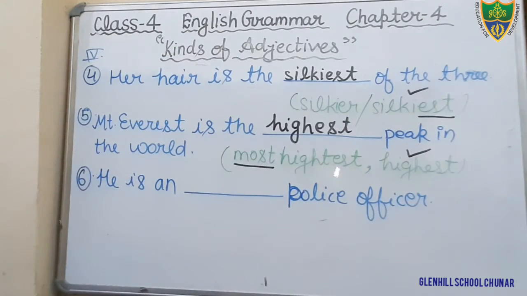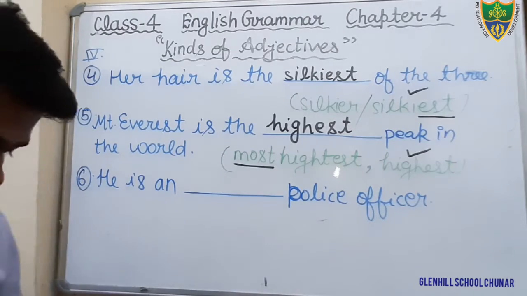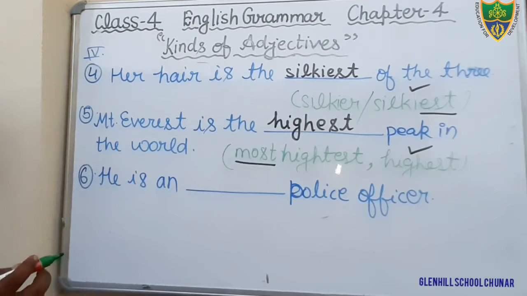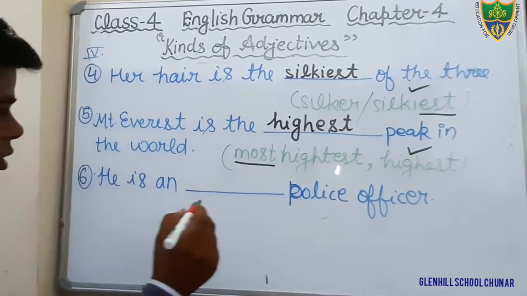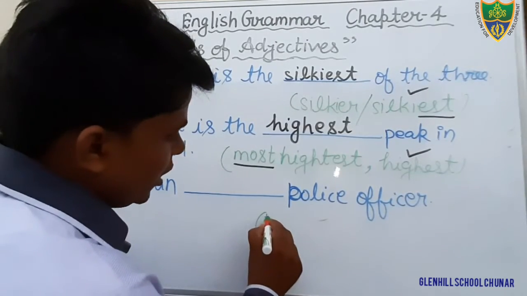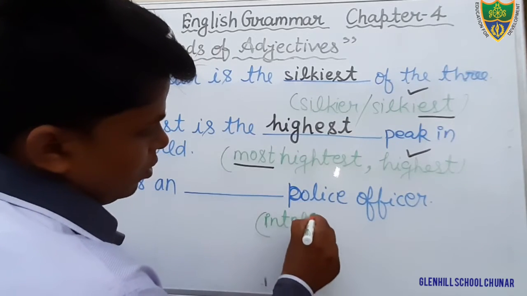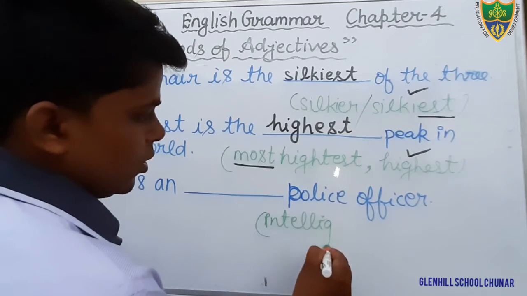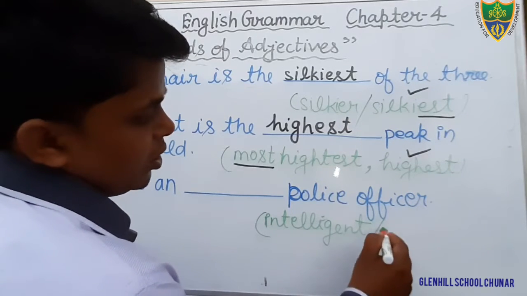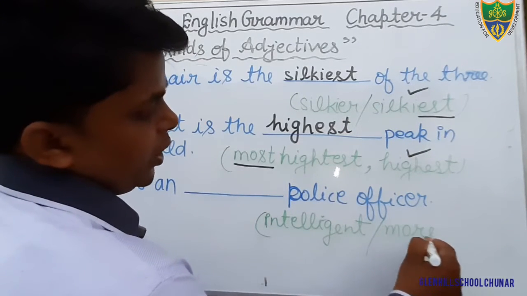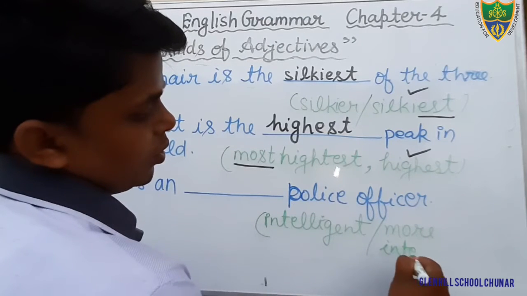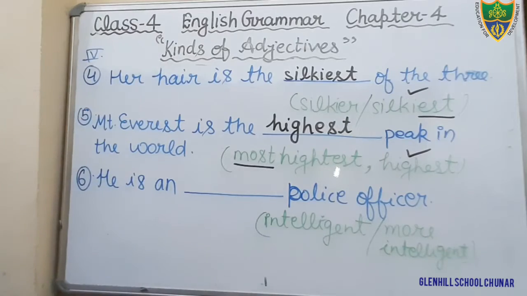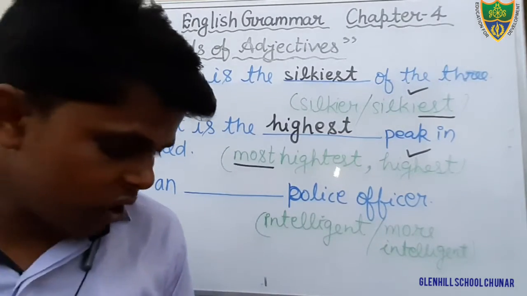Okay, just see, and what are the options given? Intelligent and more intelligent. There are two options given, and the question is what goes here?